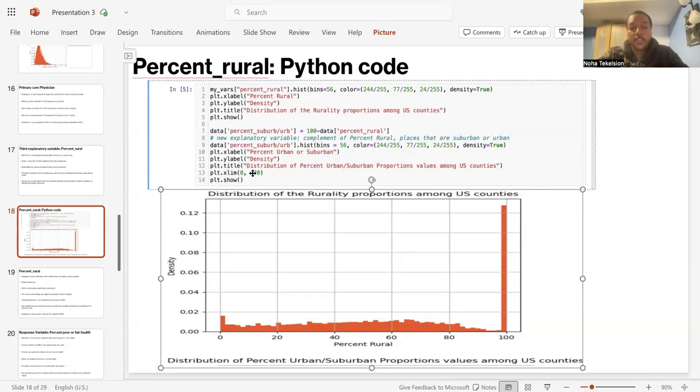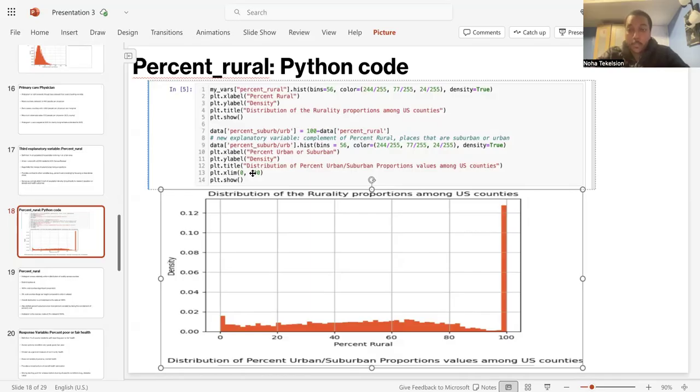Anyways, what I can say about the histogram, looking at it, is that it's showing the distribution of rurality rates among counties. And it seems to be relatively uniform, except at 0 and 100. There's a significant amount of counties that are closer to 100% rural, according to the figure.